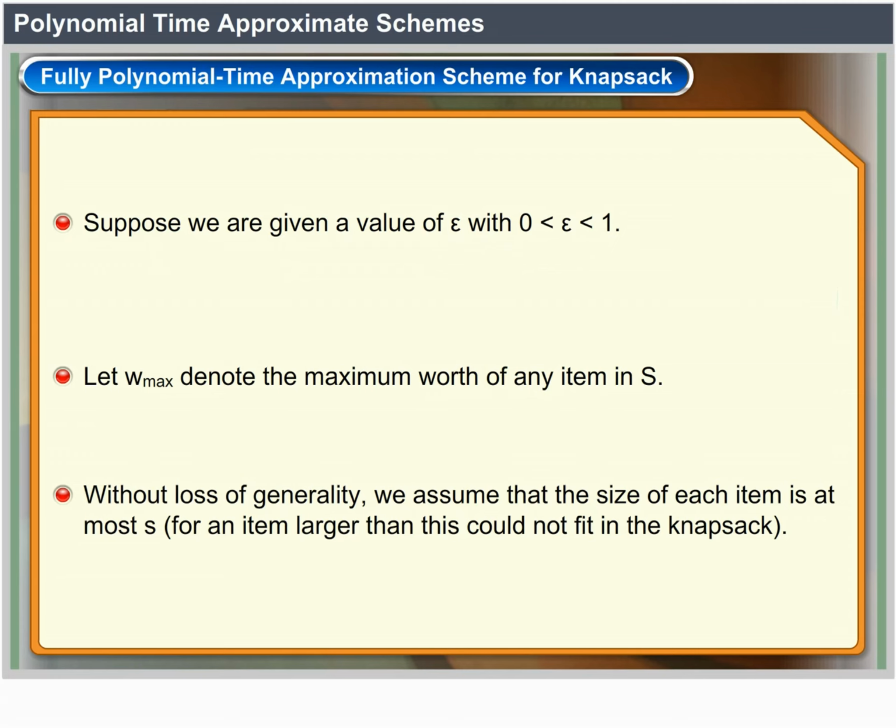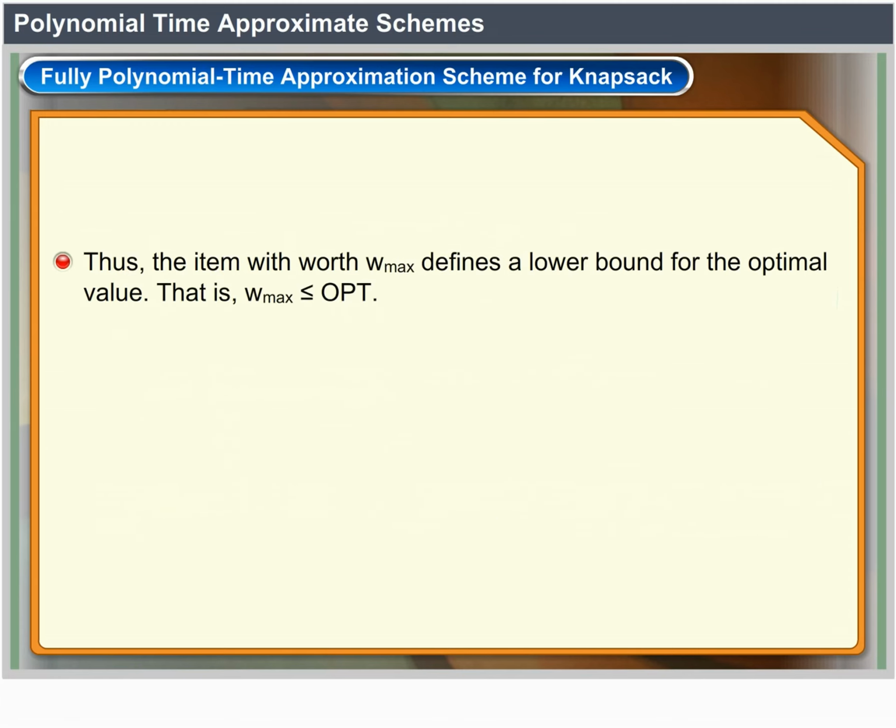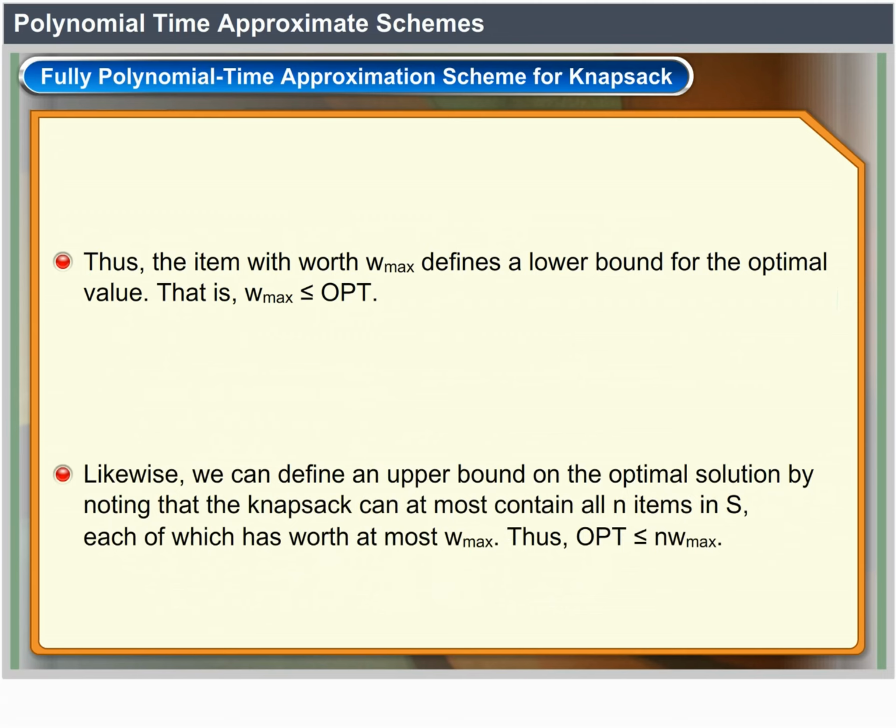Thus, the item with worth w max defines a lower bound for the optimal value, that is, w max is less than or equal to opt. Likewise, we can define an upper bound on the optimal solution by noting that the knapsack can at most contain all n items in S, each of which has worth at most w max. Thus, opt is less than or equal to n w max.